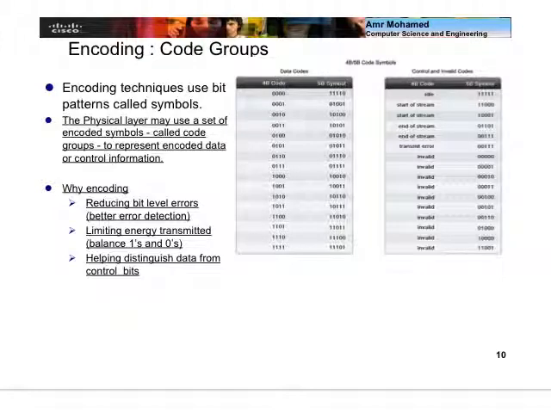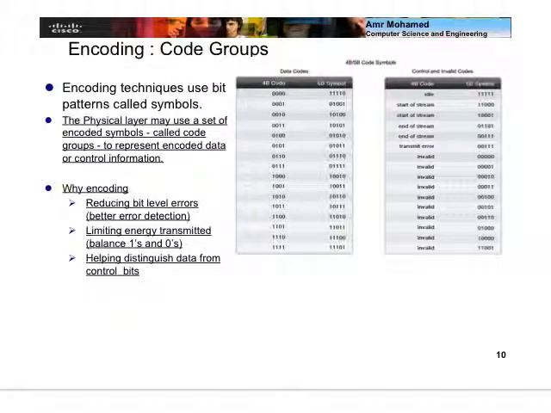Because the more changes you have within the bits, the higher the probability of detecting them on the receiver side. You cannot control the data coming from the application layer to have a stream of ones and zeros with a specific number of changes, but you can do that as part of the physical layer by encoding and decoding.